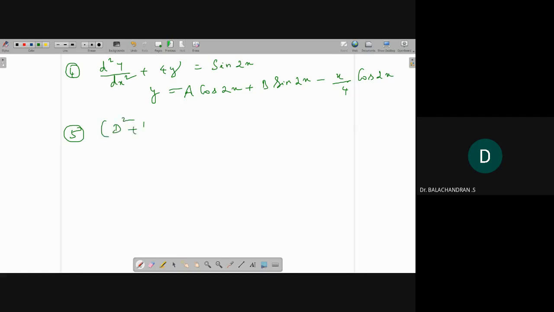Next, (D^2 + 16) y = cos 4x. The solution is y = a cos 4x + b sin 4x + (x/8) sin 4x. Okay, so try to solve these problems.